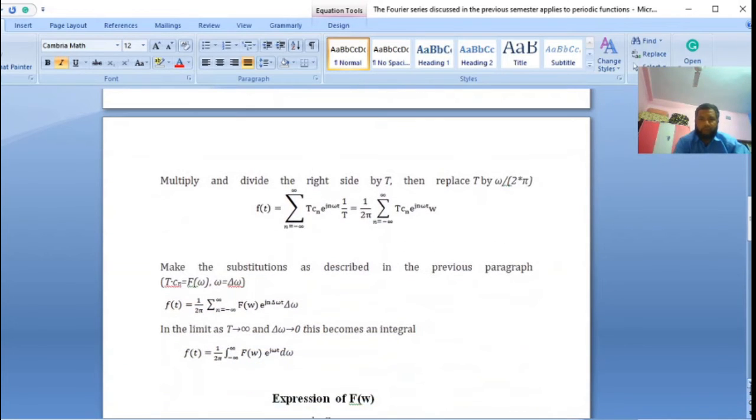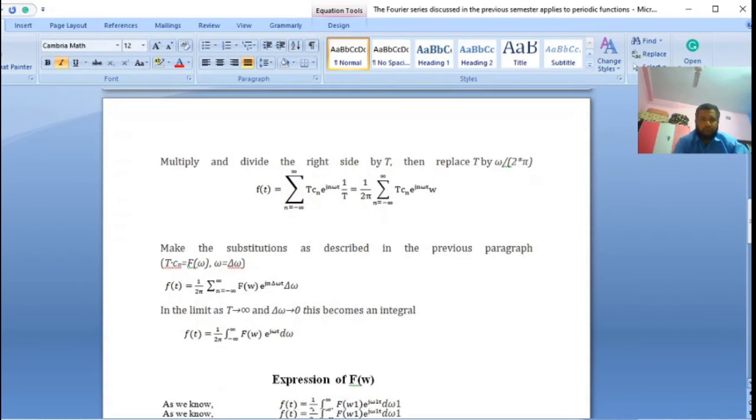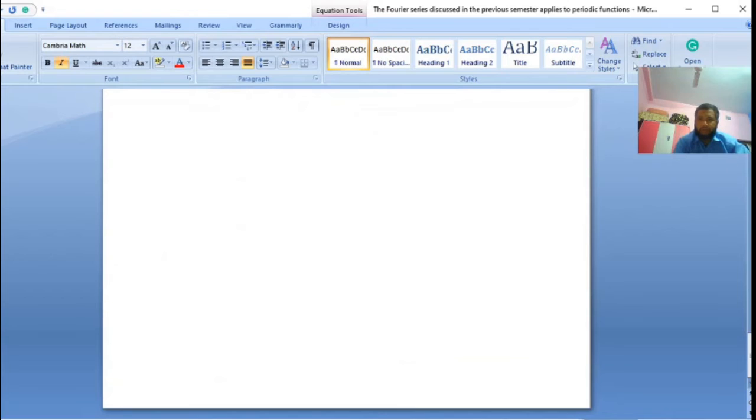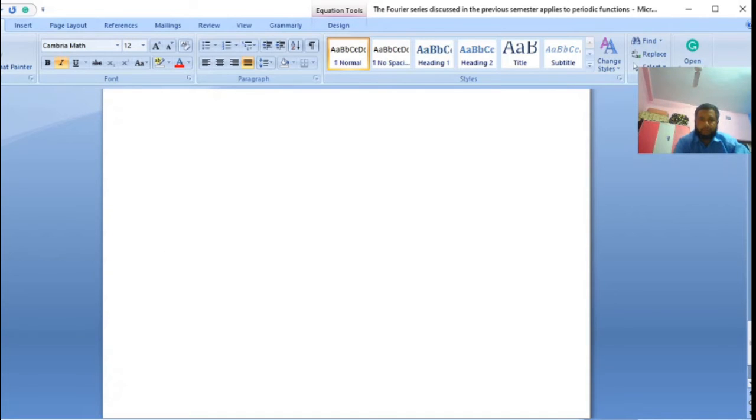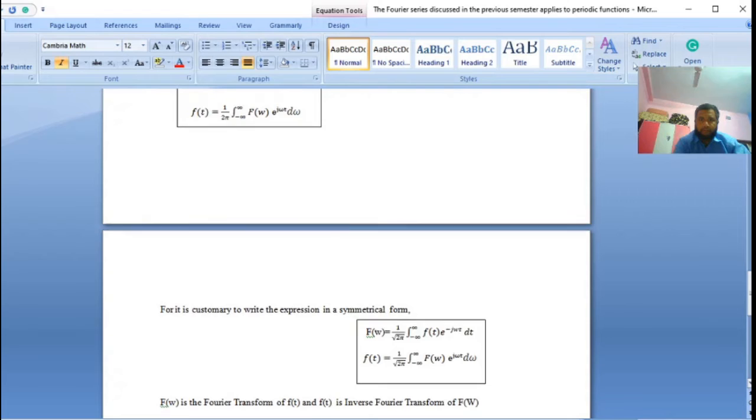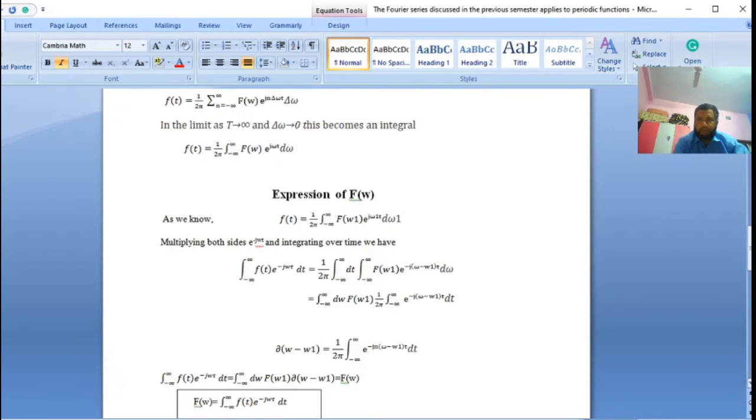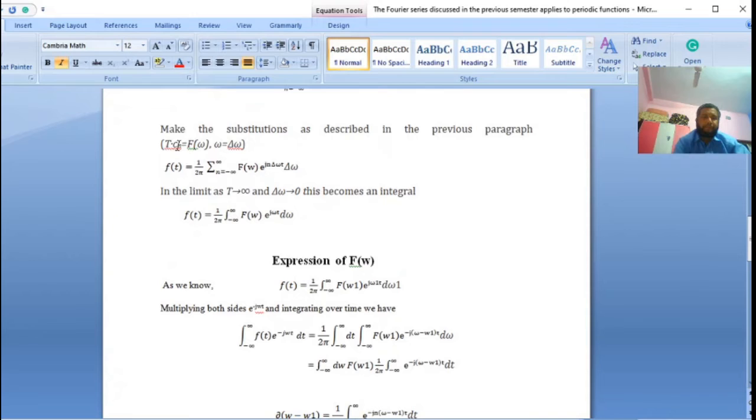Now we have applied some tricks. If I multiply by T and also divide by T, and then replace T by 2 pi by omega, then we can write that. Now we know T cn is F(omega) and omega is equal to delta omega.